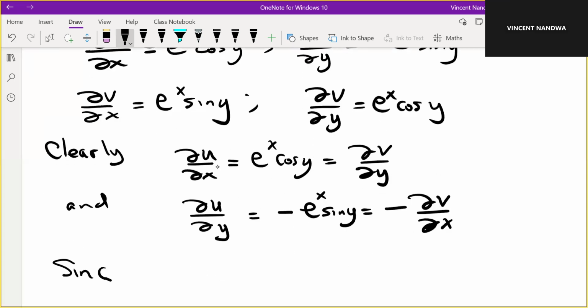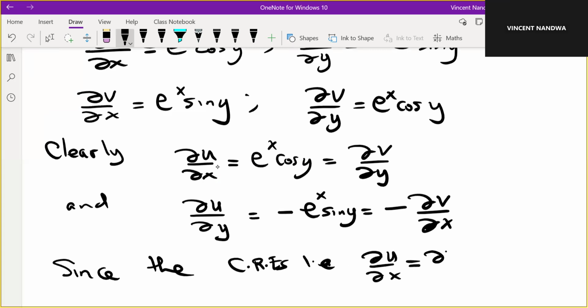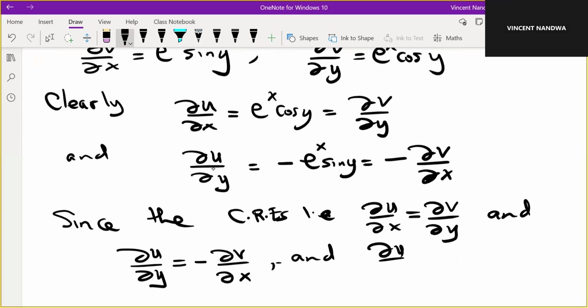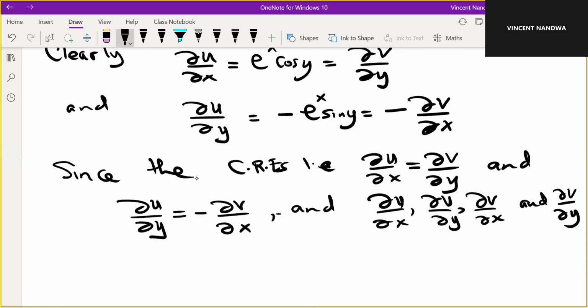So since the CR equations, i.e. partial u, partial x equals partial v, partial y, and partial u, partial y equals negative partial v, partial x, and partial u, partial x, partial u, partial y, partial v, partial x, and partial v, partial y are continuous functions, these are satisfied.